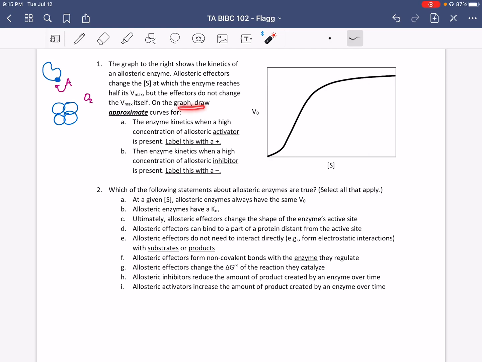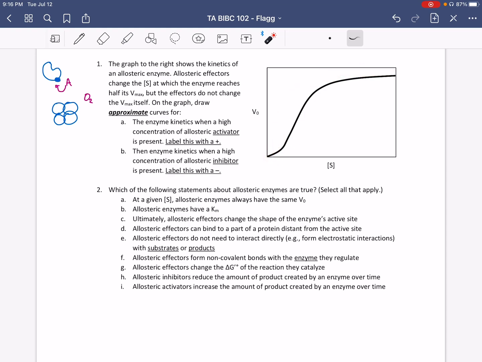On this graph, draw the approximate curves, so you don't need to be very exact, for an enzyme kinetics that has an allosteric activator in the mix, and label this with positive, so the enzyme activity is being activated. I will go ahead and draw that curve here. It's going to be up at the top, so it would look like this.